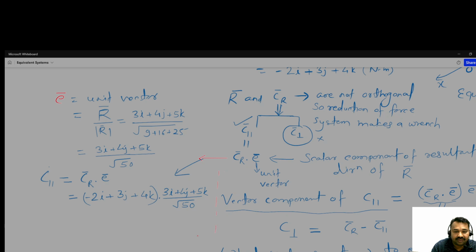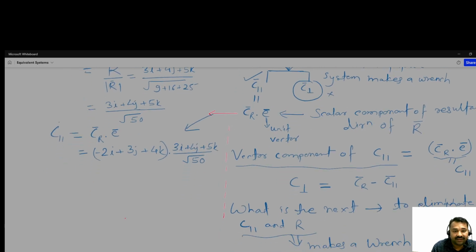Let us separate it. So ultimately we get 2 multiplied by 3, which is minus 6, plus 12 from 3 multiplied by 4, and then 4 multiplied by 5, which is 20, divided by the square root of 50, and it is equal to 3.677 Newton meter.